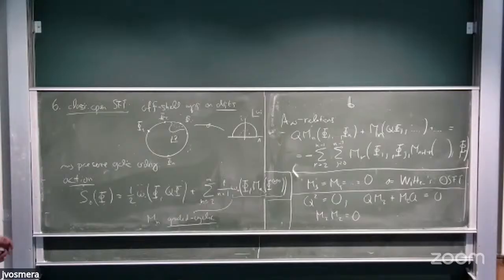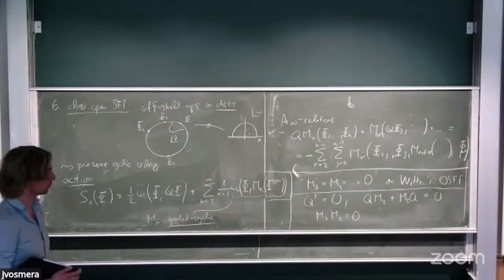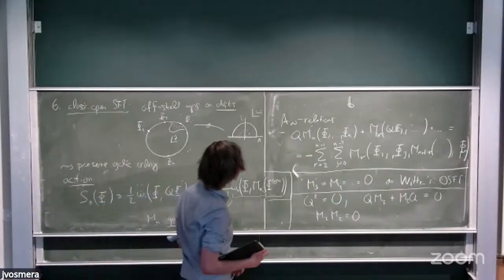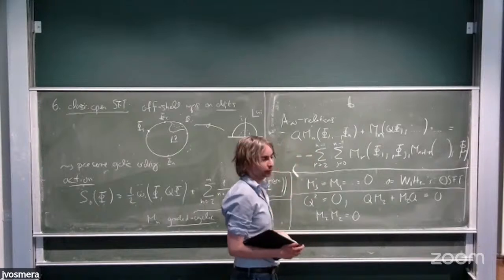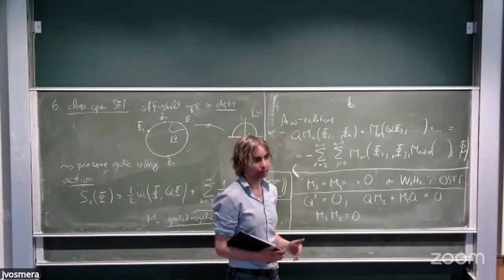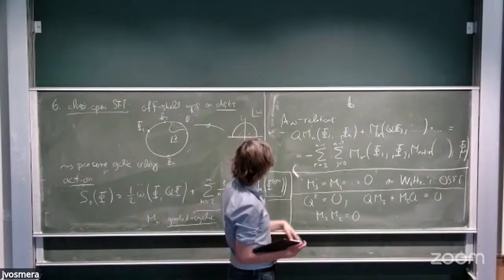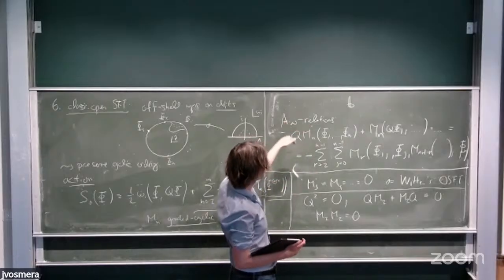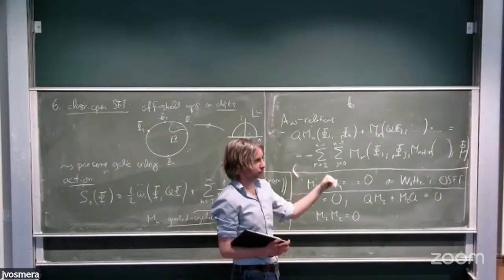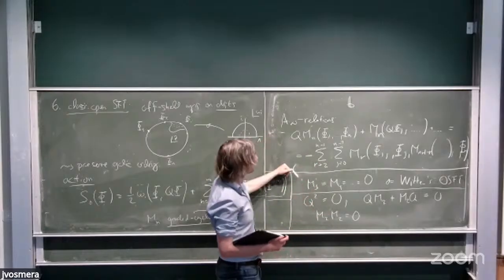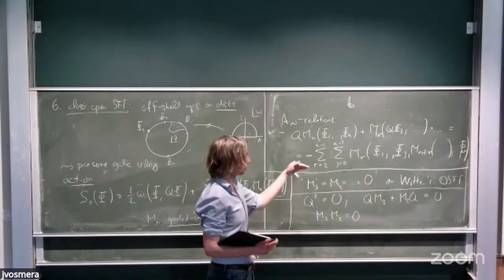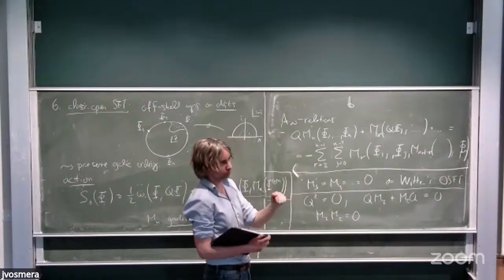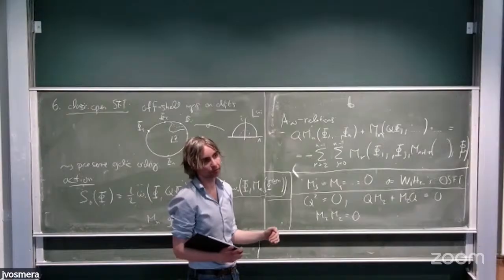If I give you the open string Hilbert space, so you know on what states these act, if I give you a background and the string states on the background, and you are able to give me back a set of products which satisfy these relations, that is as good as defining an SFT, right? Because these steps which I was showing you before were a chain of equivalences. So you giving me an A-infinity algebra is as good as you giving me a suitable decomposition of the section of the moduli space, right?